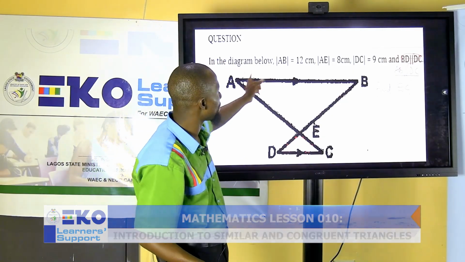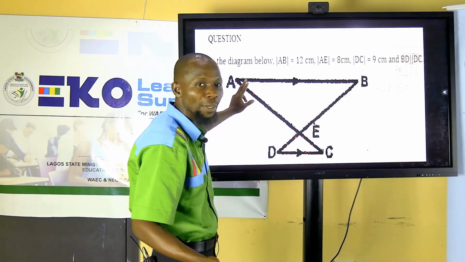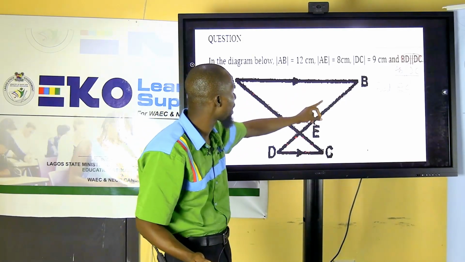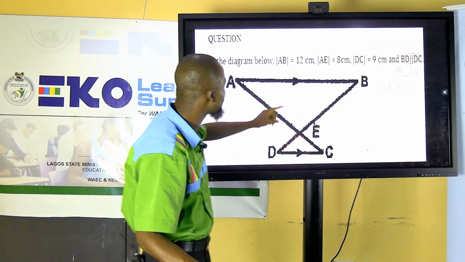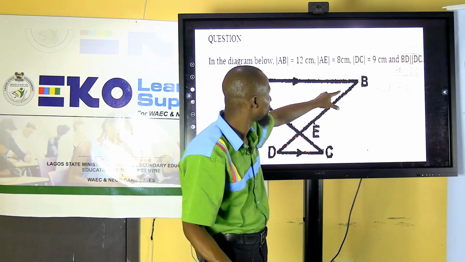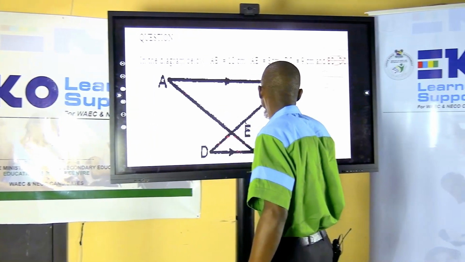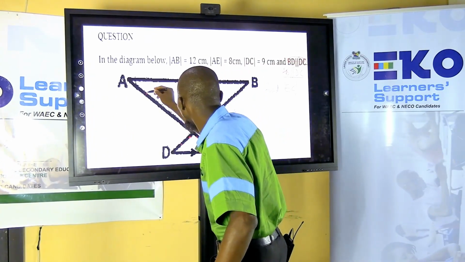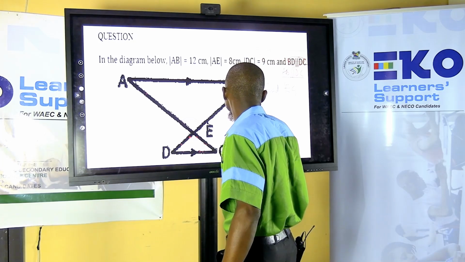It depends on the way you want to pick it. If you are starting from ABE, it means you pick angle mark 2, angle mark 1, angle mark 3, whichever one you want. Or you start from angle mark 1, which is B, so triangle BAE.